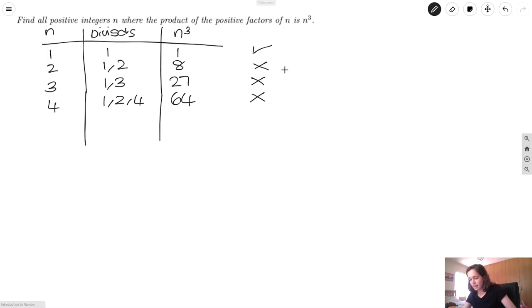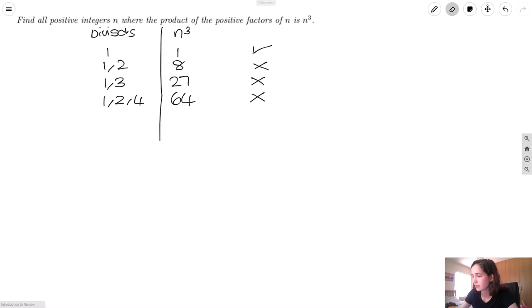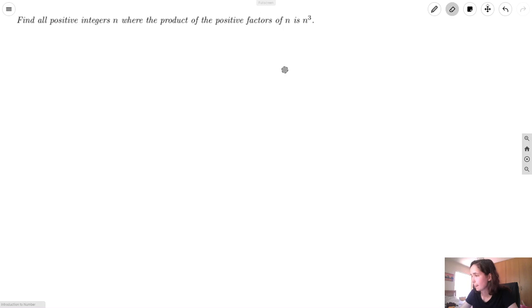So now let's try to prove the question. I'm going to erase this. Okay, so we saw that n equals 1 was a solution. So note that n equals 1 is a solution.